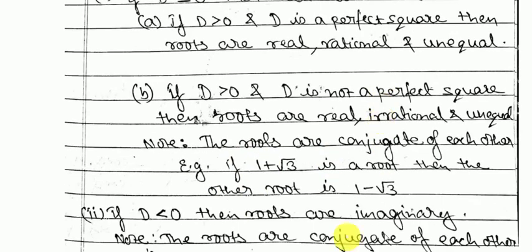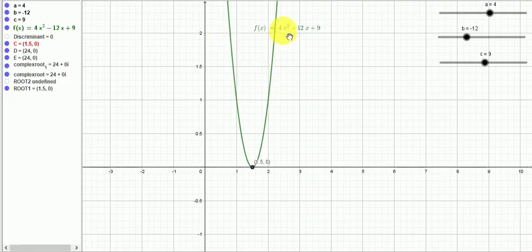So here we just saw that we have a quadratic expression 4x square minus 12x plus 9, whose discriminant is coming 0. Discriminant is 0, that means it will have real and equal roots. That means the parabola will touch the x-axis at only 1 point.